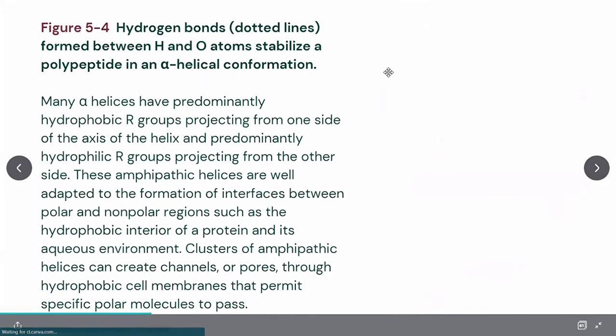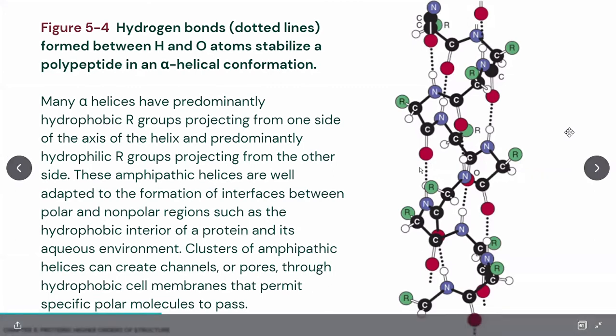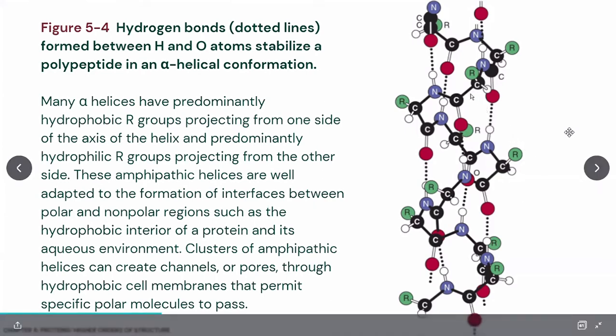So there you are. Because as you see, it's a helix. It looks like a spring. So a spring can be extended or it can be compressed. Now to prevent that, hydrogen bonds are in place so that it cannot be extended nor compressed.